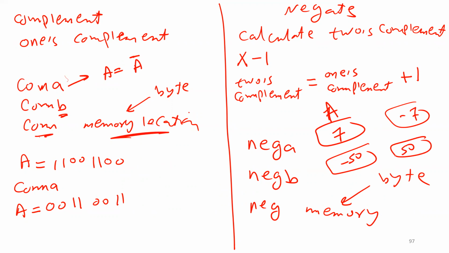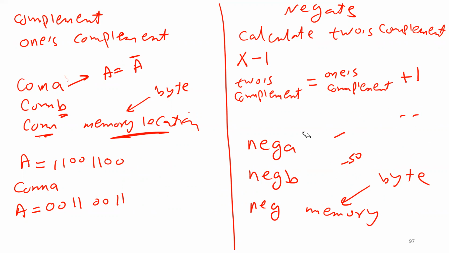This is the meaning of negate. The 2's complement is actually the 1's complement plus 1. Similar to complement, we have only three instructions: you can negate A, negate B, or negate a byte in a memory location. That's all we have.